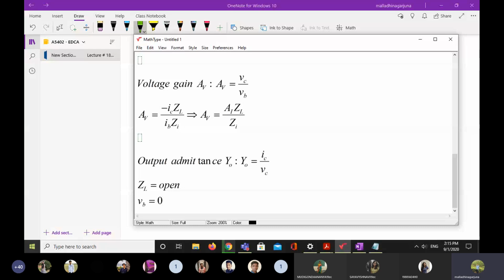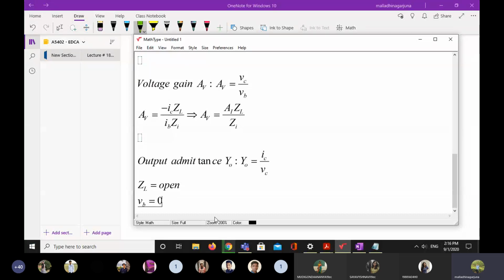So when you're calculating output admittance, you have to make sure that the load resistance should be disconnected from the circuit and the input signal should be constant. You have to see these two points, then you can calculate the output admittance.